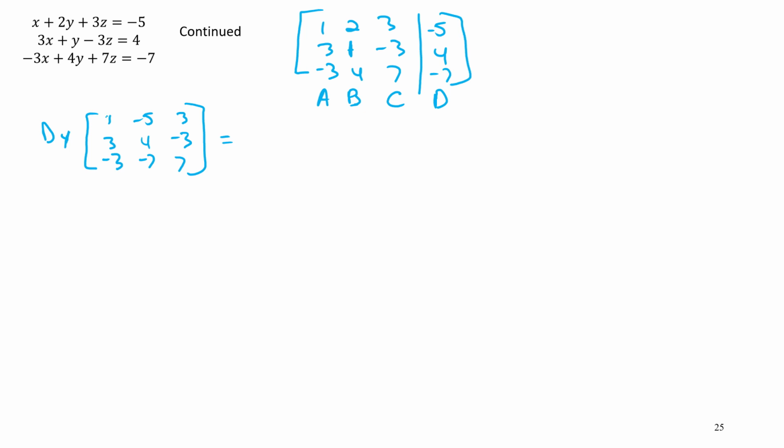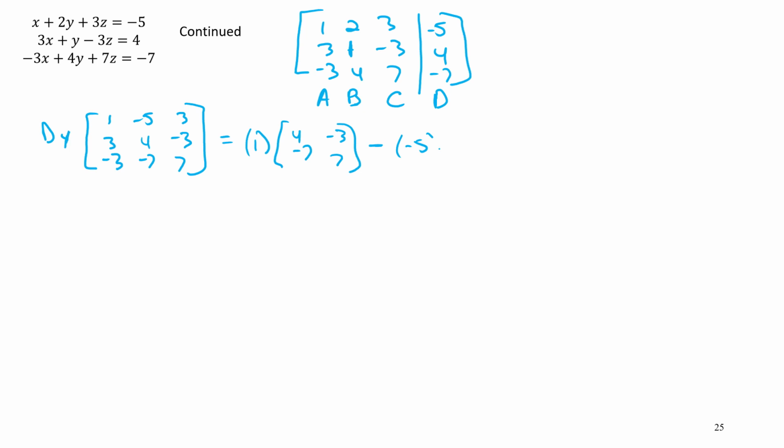So if we look at the 1, we get rid of row 1, column 1. So for 1, we have a small matrix of 4, negative 7, negative 3, 7. Minus, and then we look at row 1, column 2.